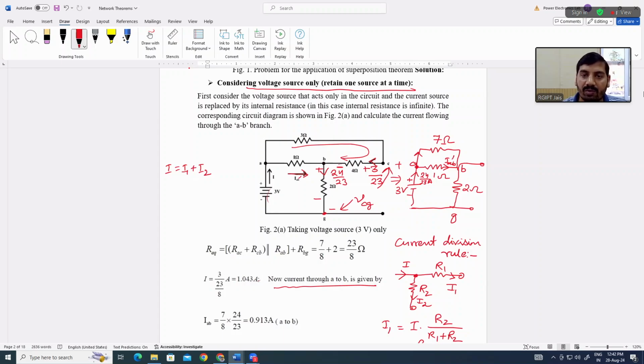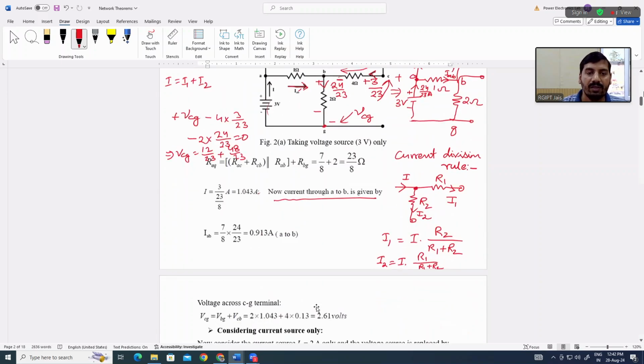Going from minus to plus, we take plus VCG, then plus to minus, so minus 4 into 3/23, then plus to minus again, so minus 2 into 24/23, equals 0. So VCG will be equal to 12/23 plus 48 by 23.